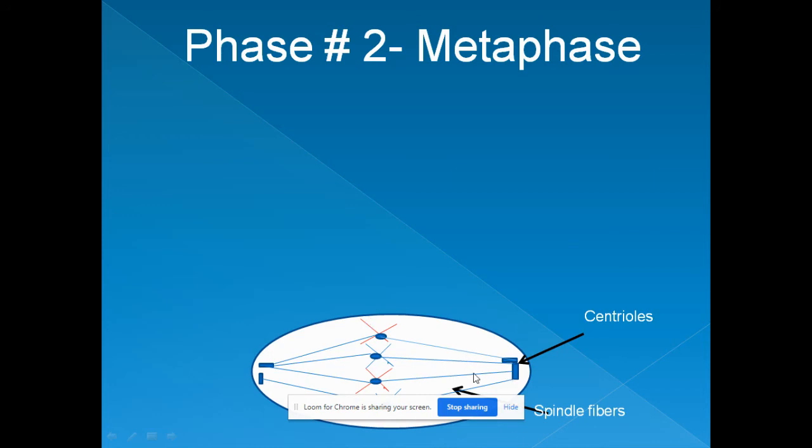Your spindle fibers are already connected, one side to the centriole, the other side to the chromosomes, to the centromere. So remember the centromere, that is combining the two sister chromatids. That's the place where the spindle fiber connects as well. So that's an important chemical interaction part of your chromosomes.